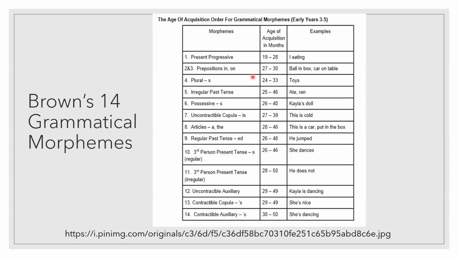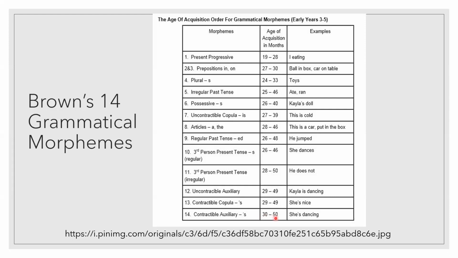So as you can see, most of the 14 grammatical morphemes start to emerge, well, all of them emerge somewhere between 19 months and 2.5 years, which is 30 months.